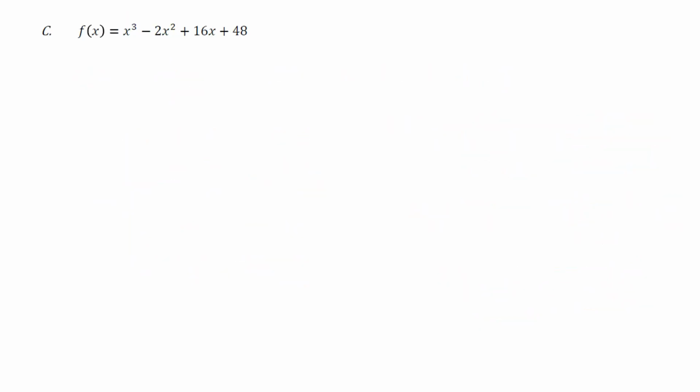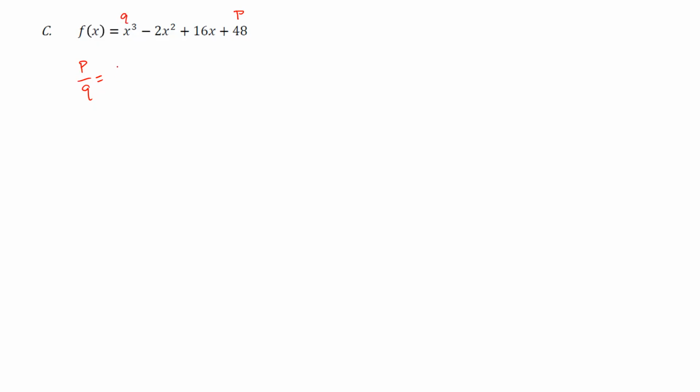So here for C, we have f of x equals x cubed minus 2x plus 6x plus 48. Okay. So we're going to take p divided by q in order to find our possible zeros. 48 is p, 1 is q.